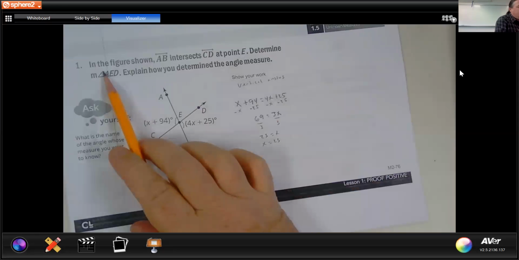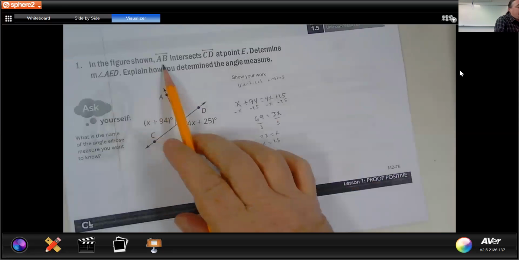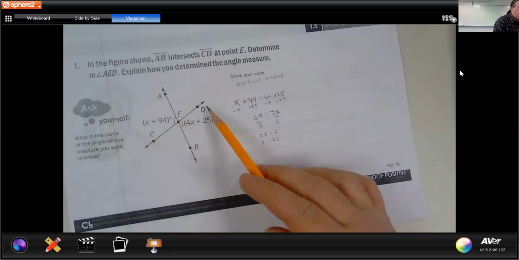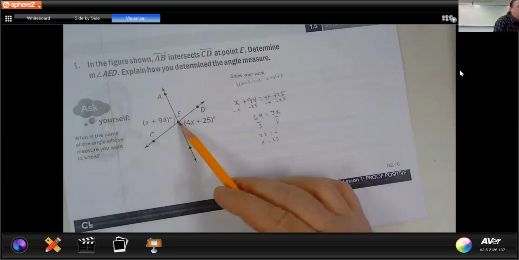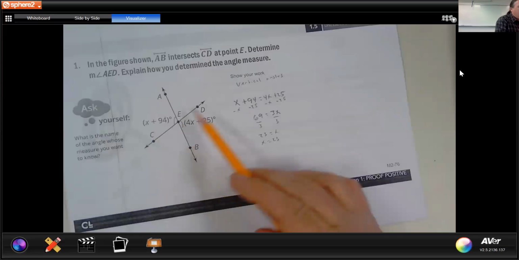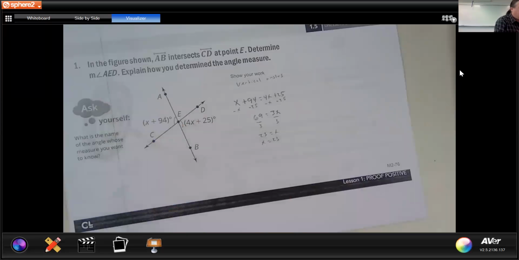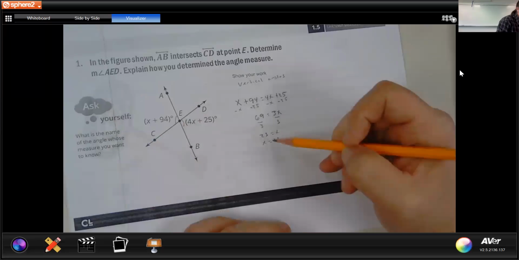So let's see, in the figure shown, AB intersects CD at point E. So here's AB, here's CD. They're crossing right there. Determine the measure of angle AED. We're going to take this x and plug it in.